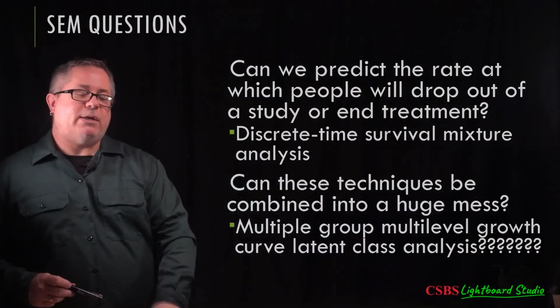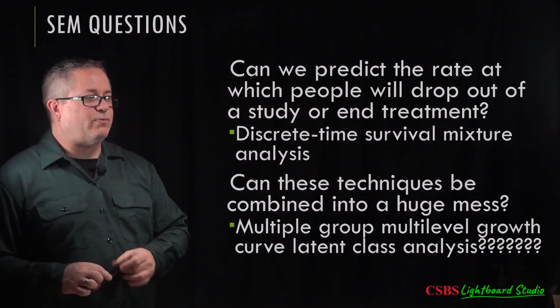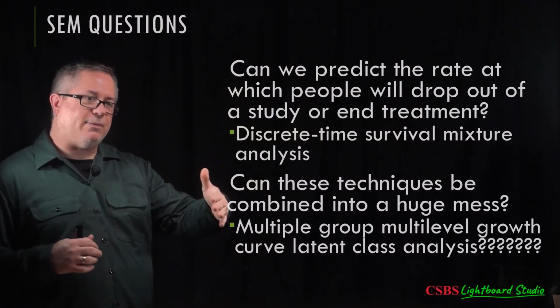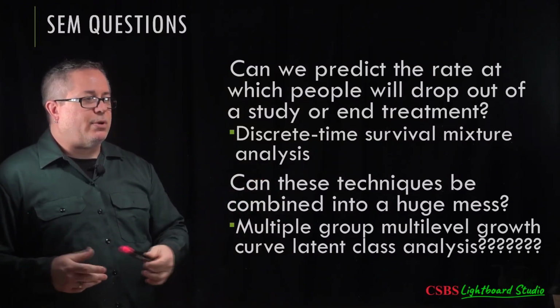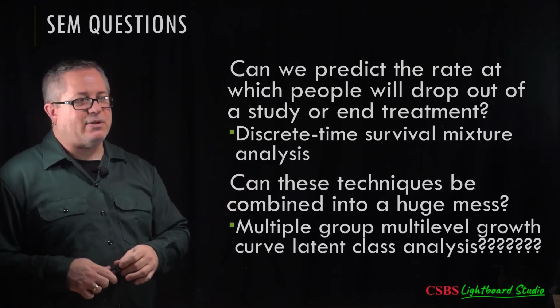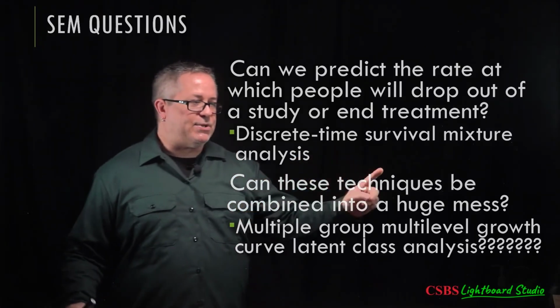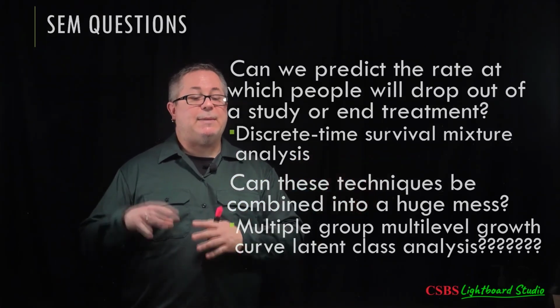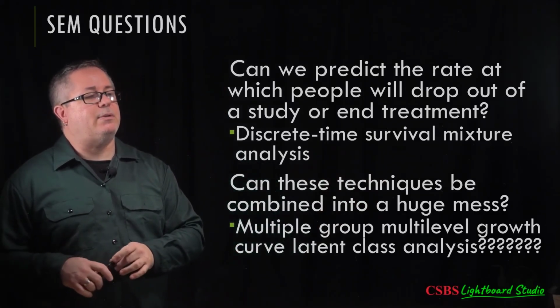Can we predict the rate at which people will drop out of a study or end treatment? You may have heard of survival analysis before, where time is a factor, like how long it takes for something to happen. There are also latent variable versions of that, discrete time survival mixture analysis. The fact that it's survival and mixture means that there are different groups of people that will drop out at different rates depending on what it is you're doing.